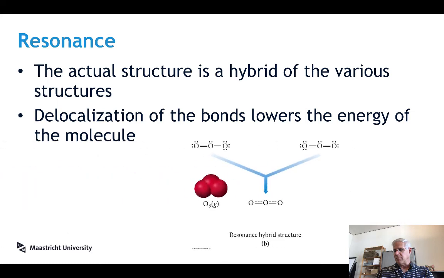And here's an example for ozone. So you get to a point in ozone where you've got this dot structure here. And you have to decide what you want to do for a double bond, because that central oxygen only has 6 electrons. Well, we can put the double bond on the left, or we can put the double bond on the right. But to say that one of those is favored over the other doesn't make any sense.